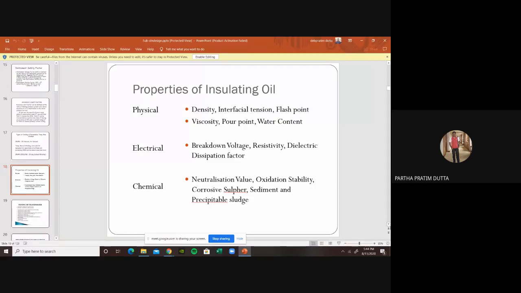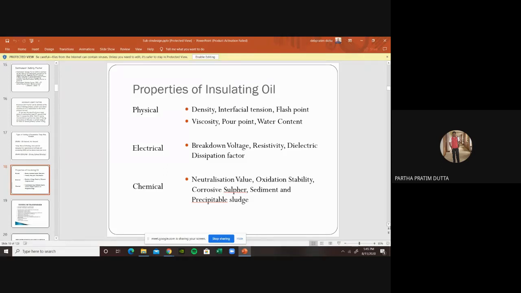If the DDF, dielectric dissipation factor, is high, that means the oil is contaminated and cannot be used anymore. We have to either change it, reclaim it, or refine it through a process. Either there is an oxidation material, or soaps, resins, or certain contaminations. All the neutralization property may be hampered due to this.